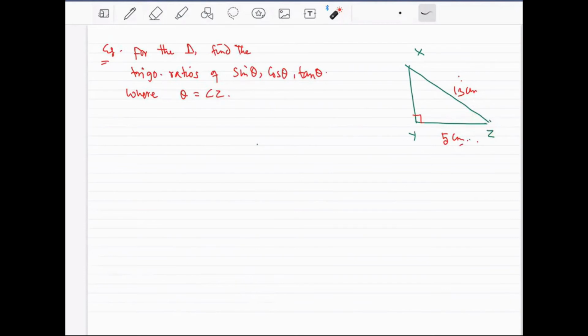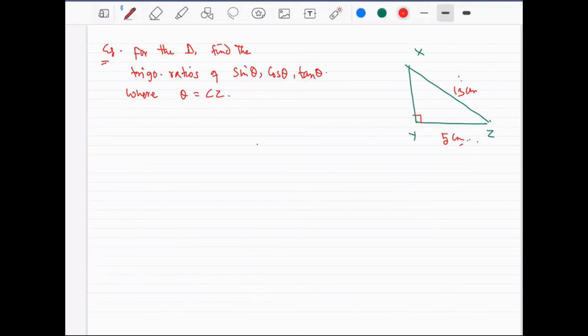Once the knowledge for sine theta, cos theta, tan theta sinks in, you can do the rest. The rest three are very easy. You just have to take the reciprocal of sine, cos, and tan. Just understand which ones are the reciprocals, and the remaining three are easy peasy.